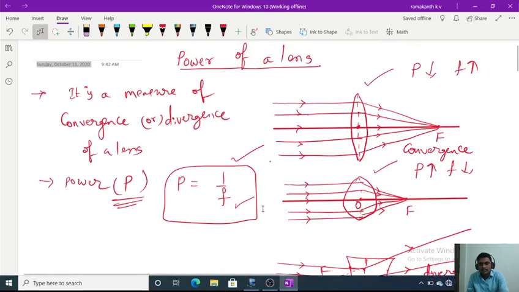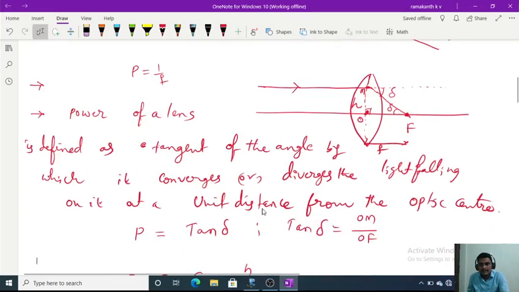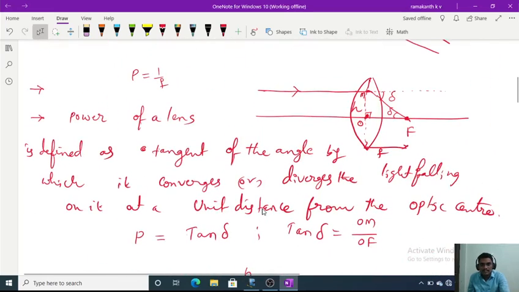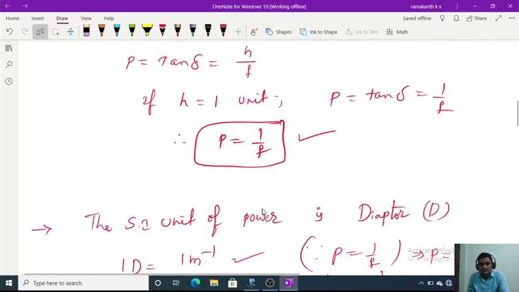Briefly, I'll recall this topic. What is the power of a lens? It is a measure of the convergence or divergence of a lens, and it depends upon the focal length of the lens. It is the reciprocal of the focal length of the lens. Mathematically, it is defined as the tangent of the angle by which it converges or diverges the light rays incident on it at a unit distance from the optic center.